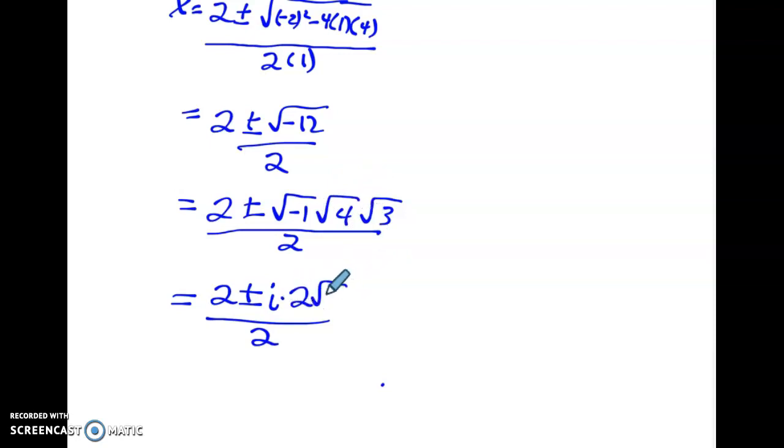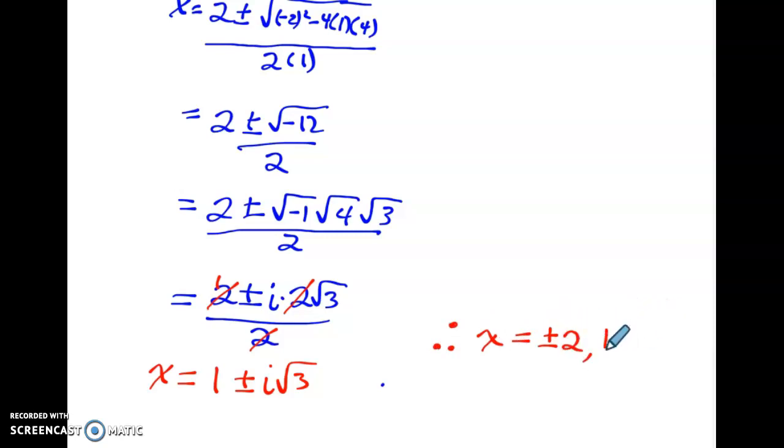And the square root of 3 is root 3. So everything has a factor of 2 in it, so we are going to reduce that. And we get an answer of 1 plus or minus i root 3 as the answer to our quadratic. So the solutions to this were x equals plus or minus 2 and 1 plus or minus root 3i. So that is our final answer.